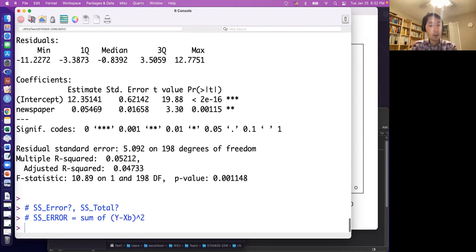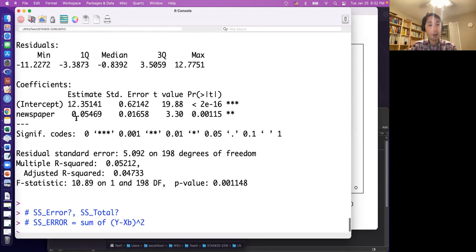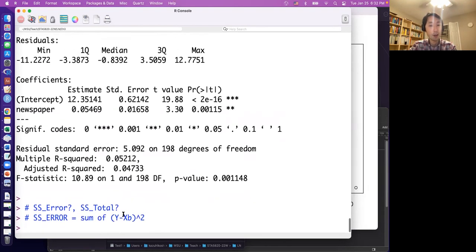So how to calculate this? y is the response, here the sales, and how do we get x transposed beta? Basically we have to calculate 12.35, the intercept, plus the newspaper times 0.05469.